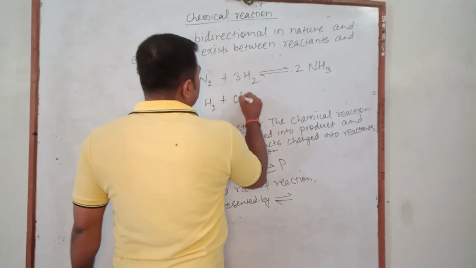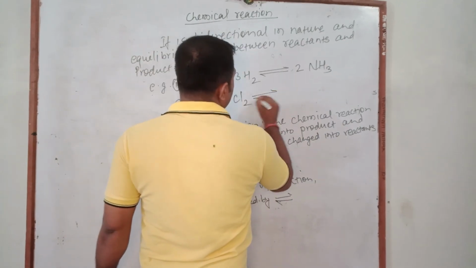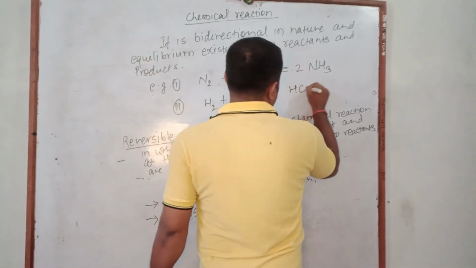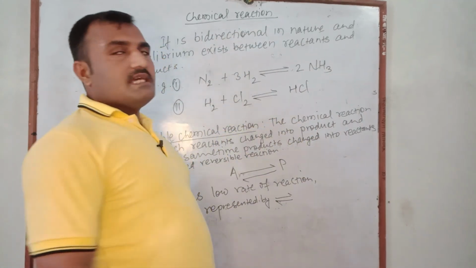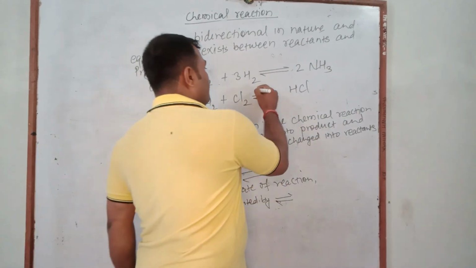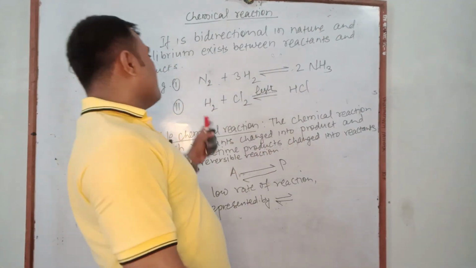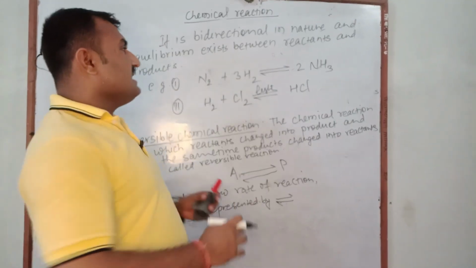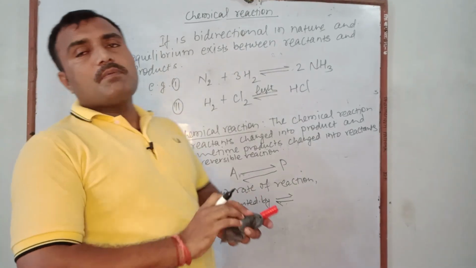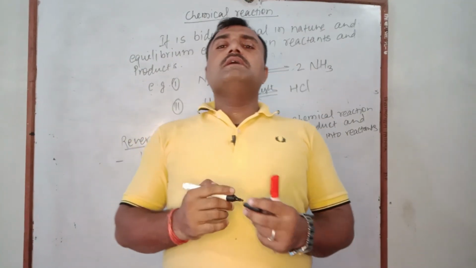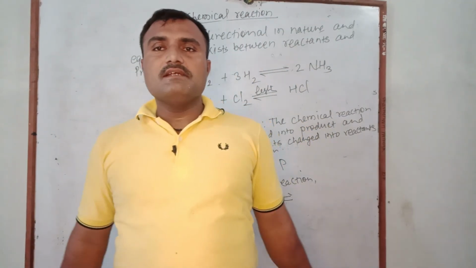Hydrogen combined with chlorine gives HCl. And in the presence of light, HCl gets decomposed into hydrogen and chlorine. Such types of chemical reactions are called reversible chemical reactions.